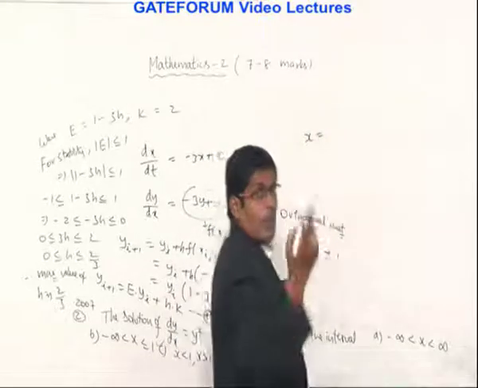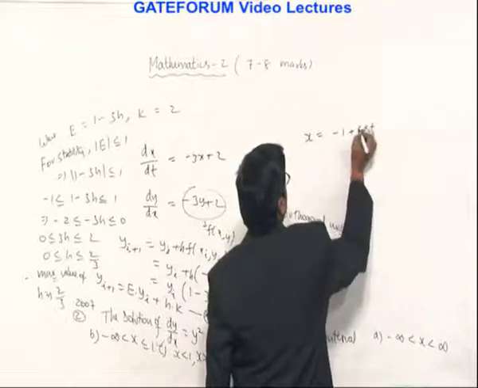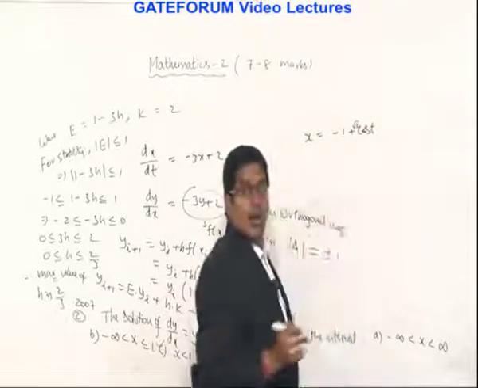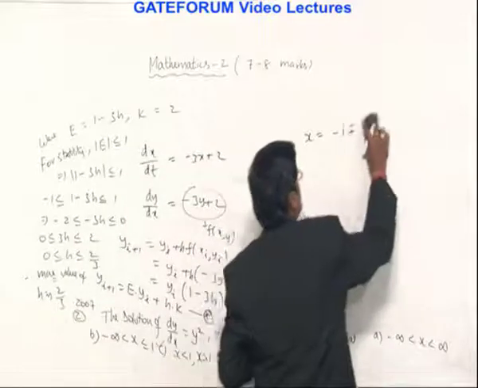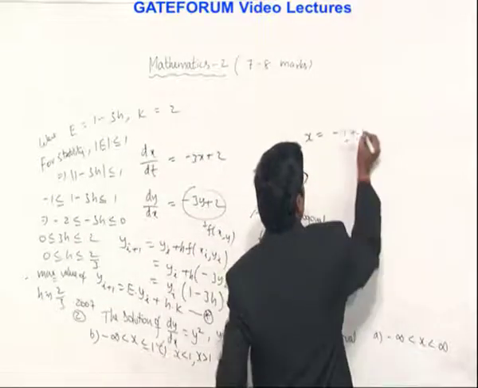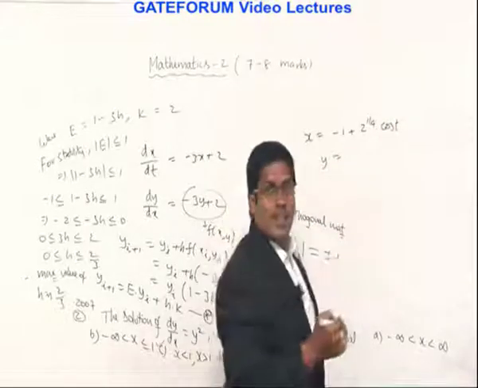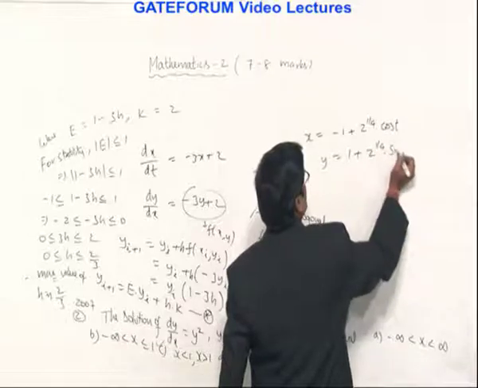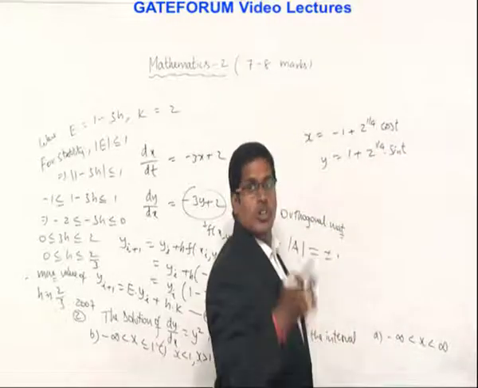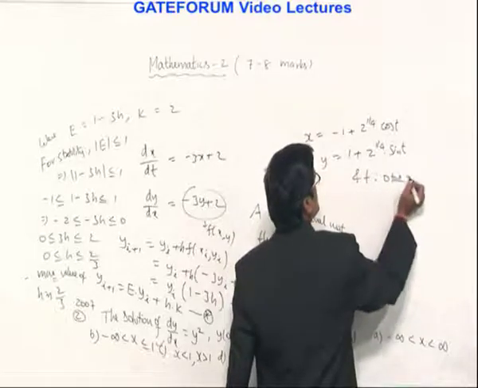Parametric equations: x is equal to minus 1 plus 2 to the power 1 by 4 into cos t, since root 2 is the radius of the circle, so the radius becomes 2 power 1 by 4. Y is equal to the corresponding center coordinate 1 plus 2 to the power 1 by 4 into sin t, and t limits are 0 to 2 pi.